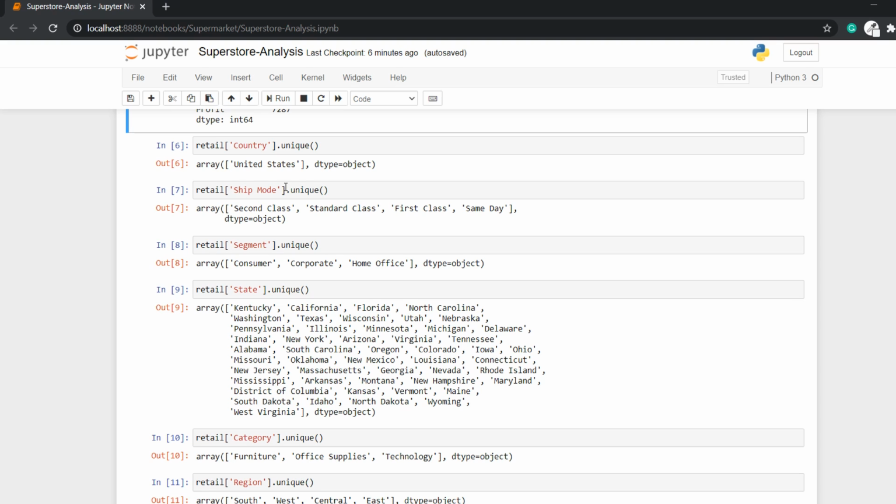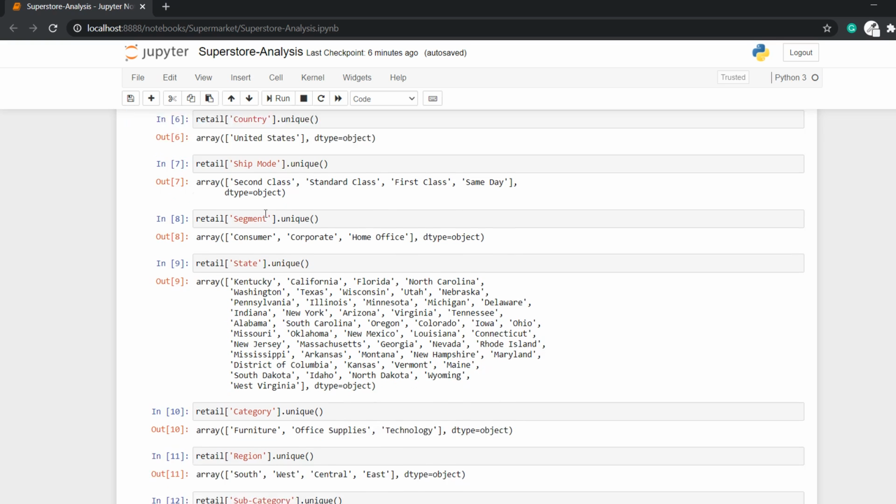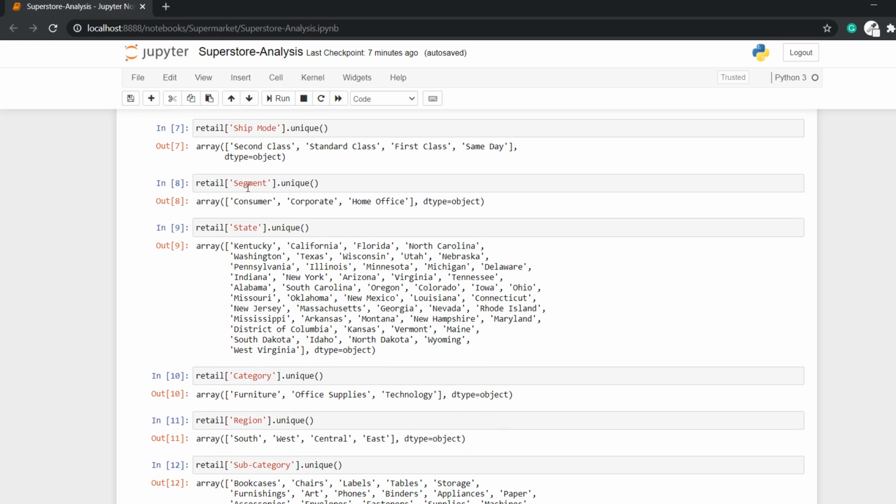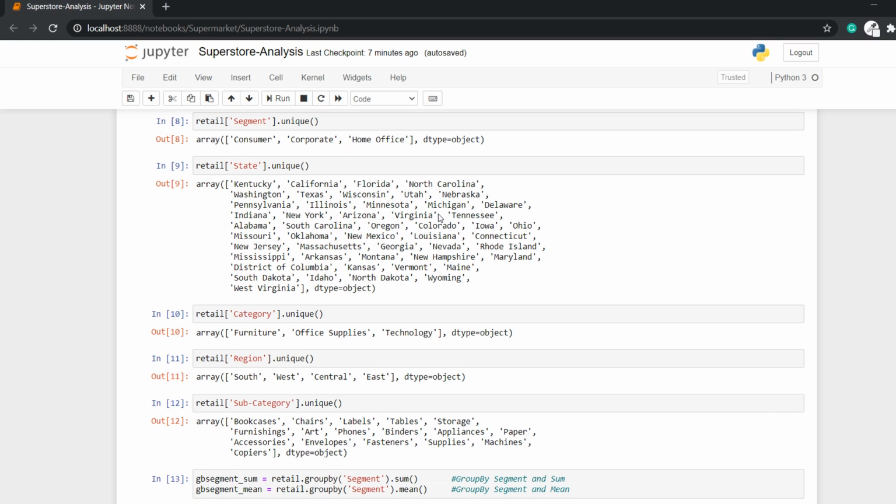As I said, the unique value in our country column is United States. There were 4 unique values in a ship mode column, that is second class, standard class, first class and same day. This refers to the delivery option that people have to choose from. Then there is segment which corresponds to the type of customers that this store has, that is consumer, corporate and home office.